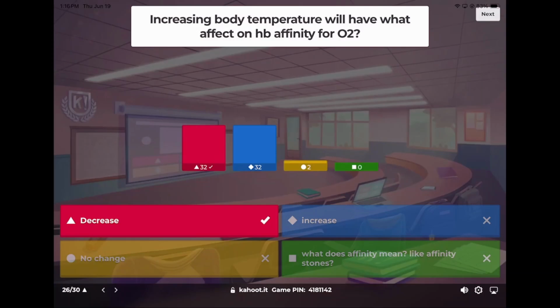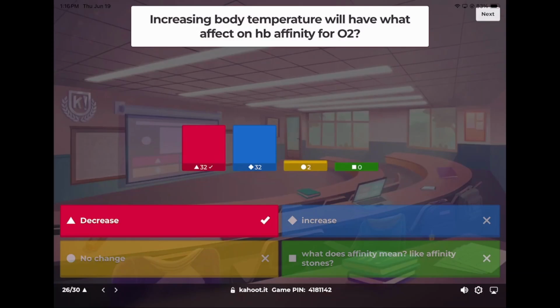So it makes sense that if you increase your body temperature, it makes unloading of the oxygen easier on your tissues. So you give oxygen freely to your muscles that need it for energy. So when your body temperature goes up, the affinity of hemoglobin for oxygen goes down to make offloading the oxygen easier. If it was too tightly bound, it wouldn't release the oxygen.